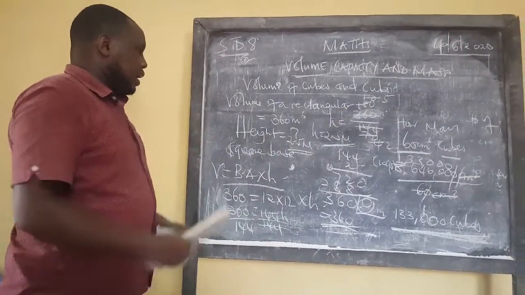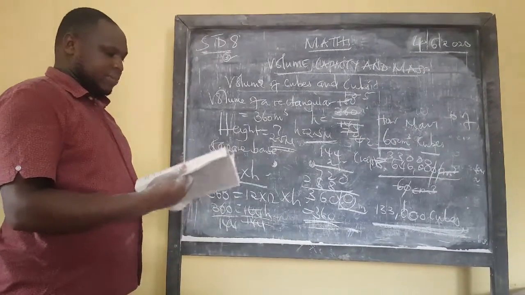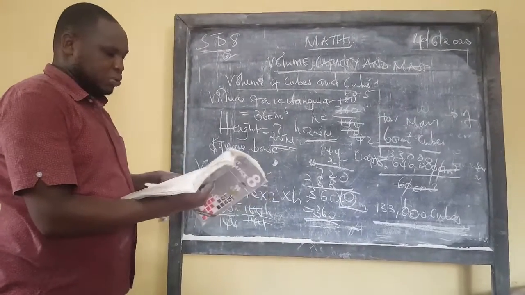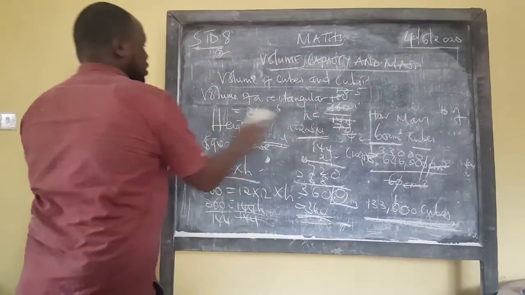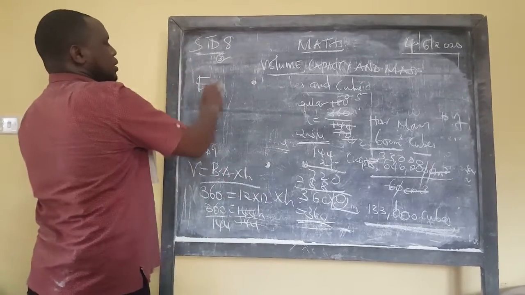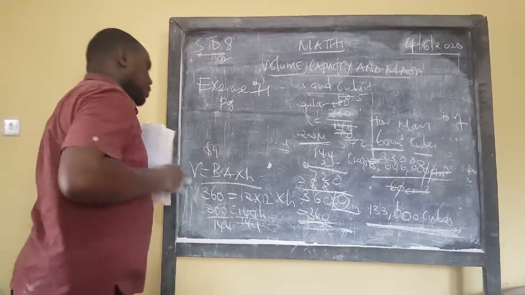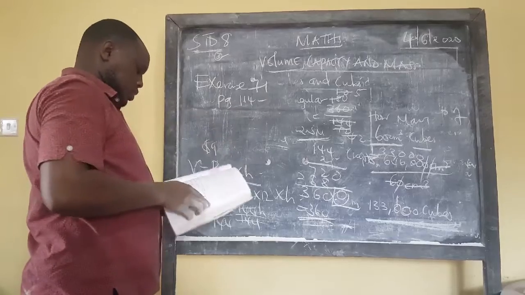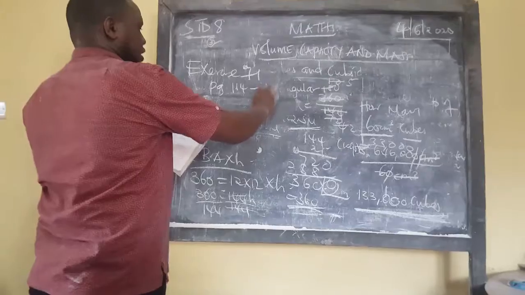So until next time, learner, I want to leave you with work. And wherever you get a problem, you come back to me and you'll be able to sort it out. So exercise 71 is our practice work. Exercise 71 on pages 114 through 117.